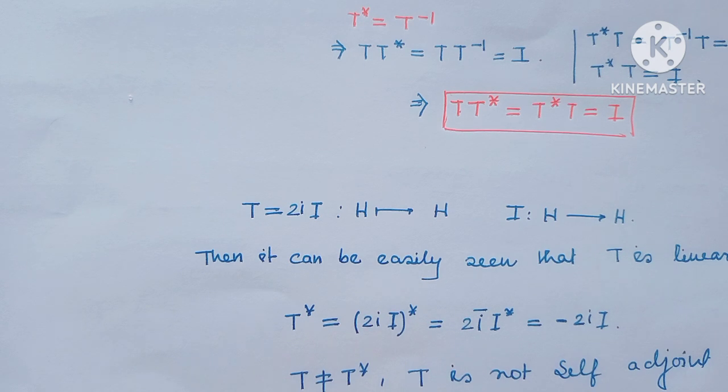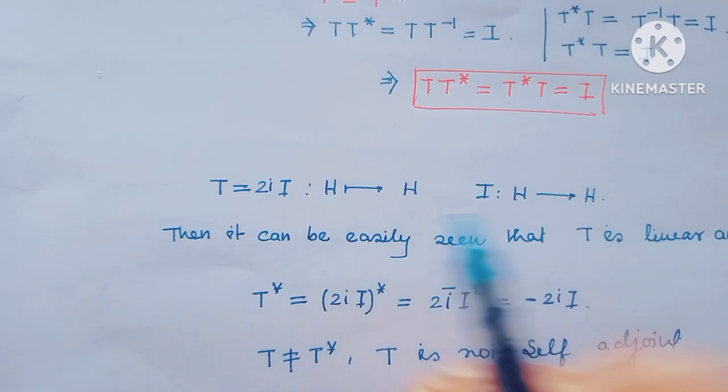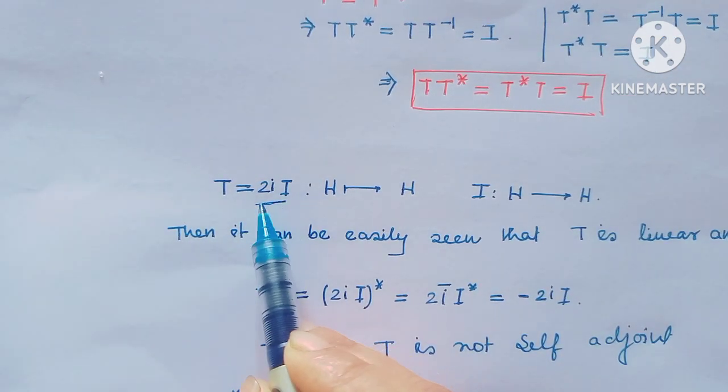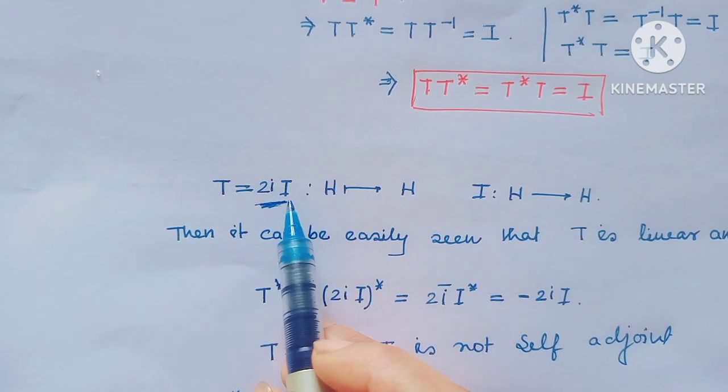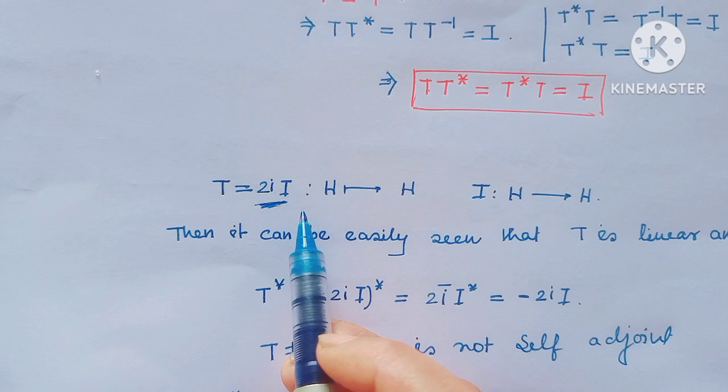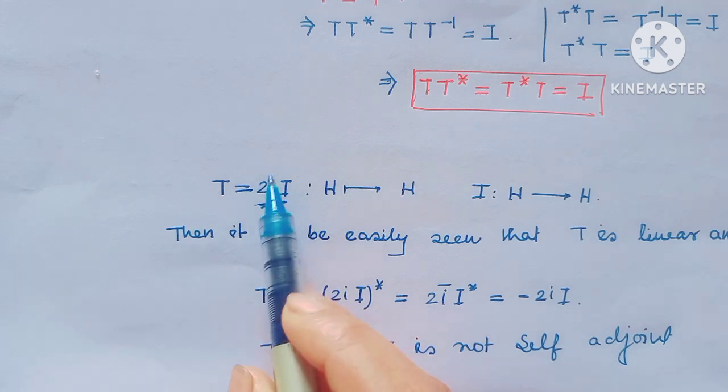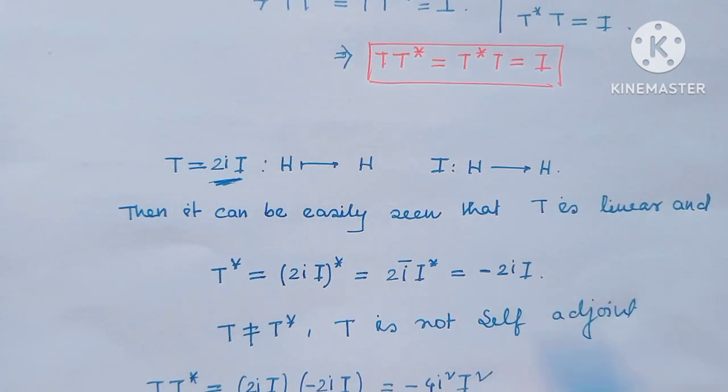Consider T equal to 2i times the identity, a map from Hilbert space to Hilbert space, where I is the identity map from Hilbert space to Hilbert space. It can easily be seen that T is a multiple of the identity operator, so it is always linear and bounded, and since it is a multiple by one scalar, it is obviously linear.